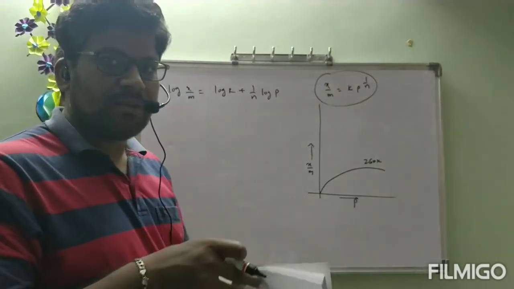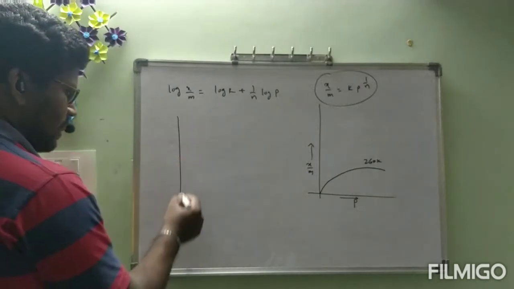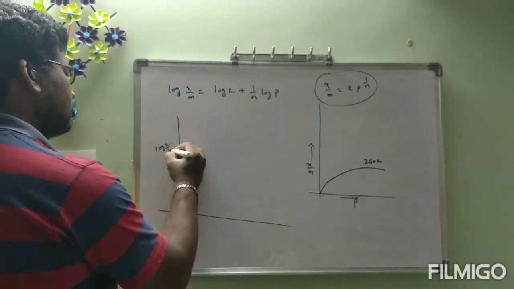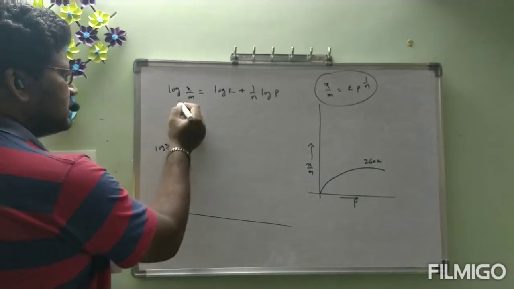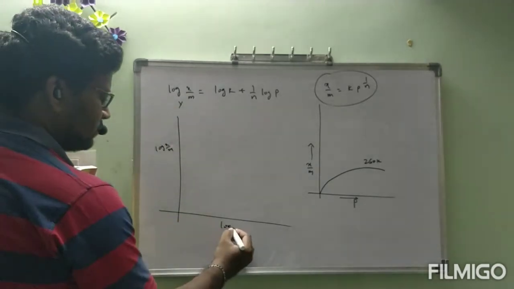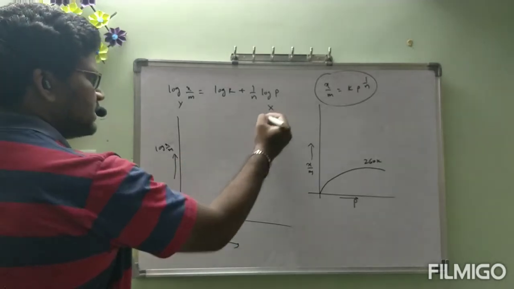Now another graph they mention in the textbook: log x by m on the y-axis, and log p on the x-axis.